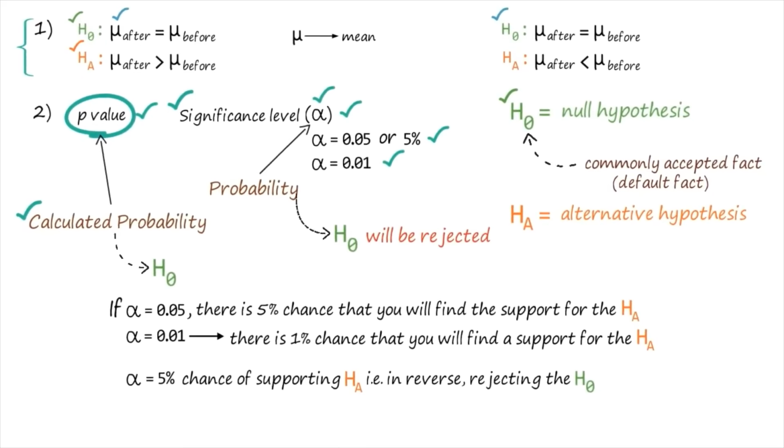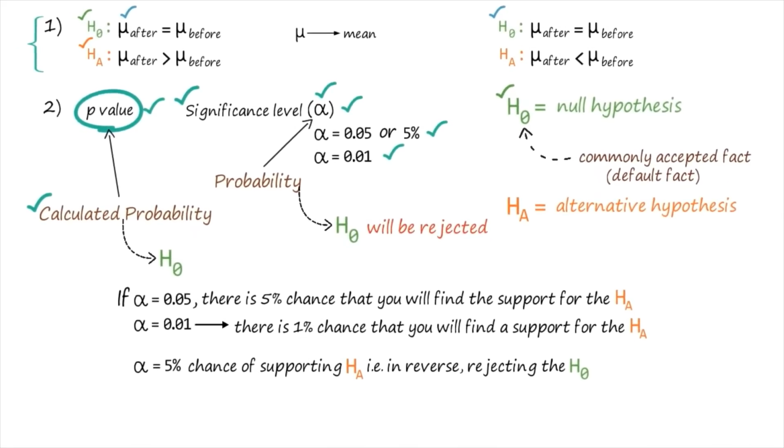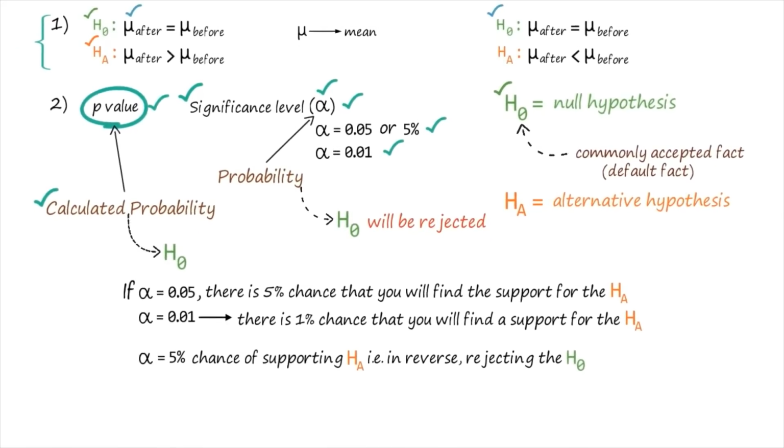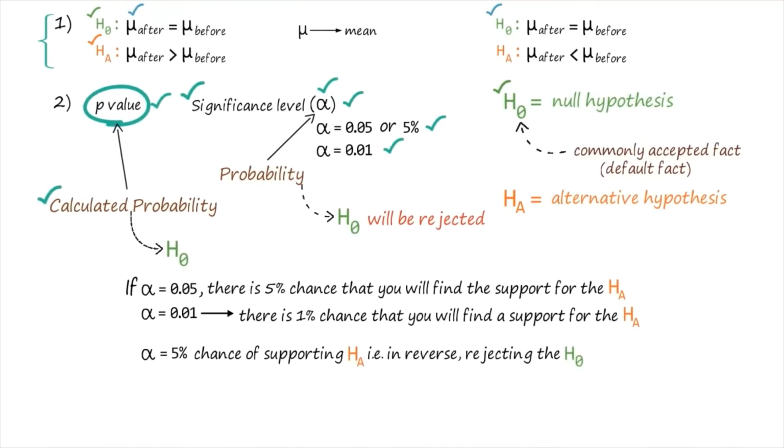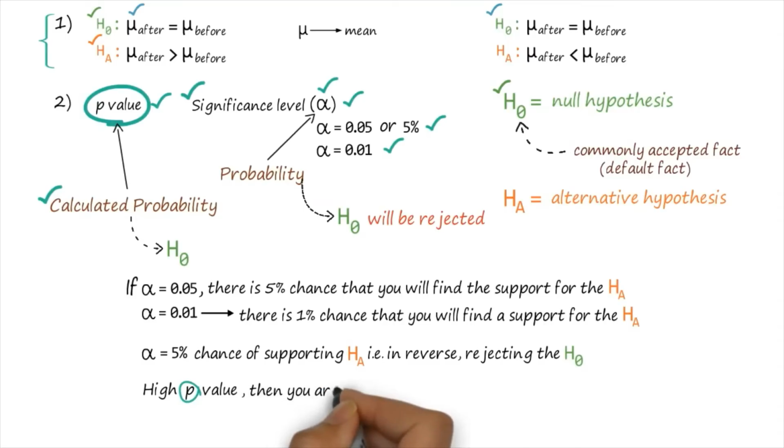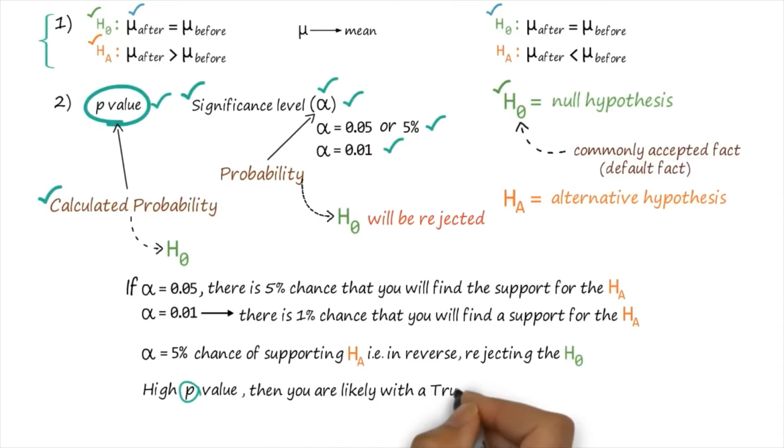Now, what kind of conclusion can we get? It's an important thing. So I can tell you one point, just make a note. If you get a high p-value, then you are likely with a true null. We have already considered that if the p-value is high, then there are higher chances of the null hypothesis being true.